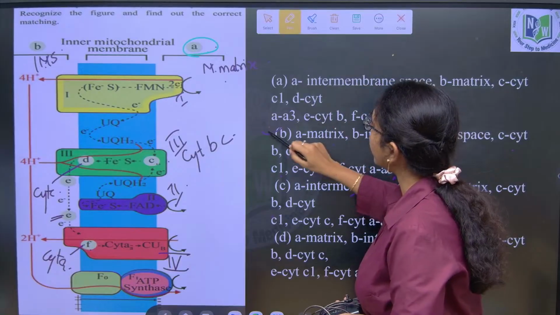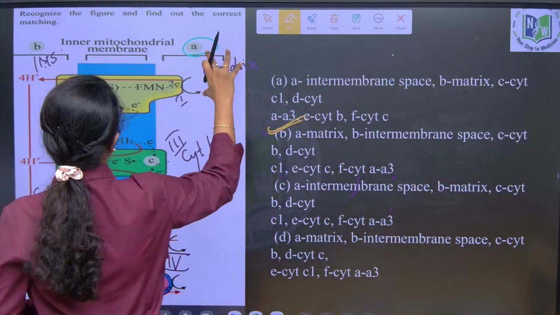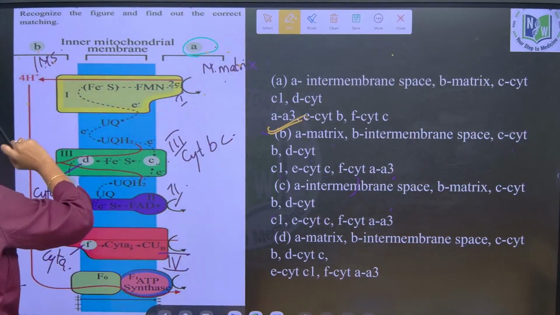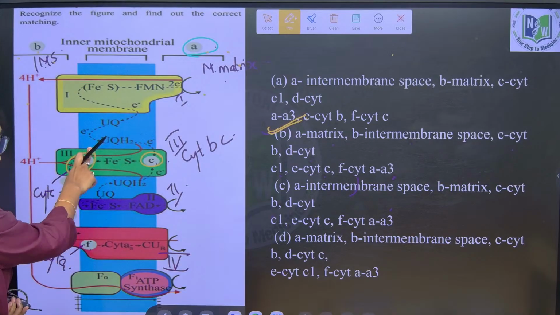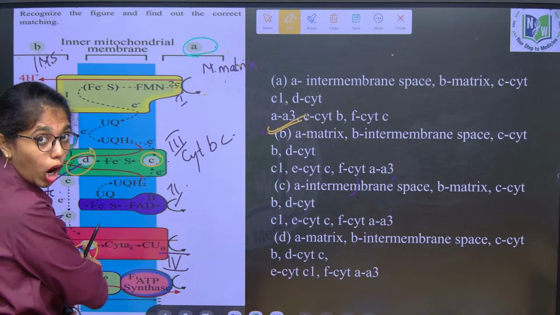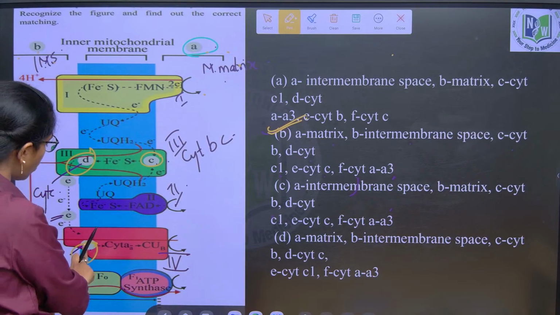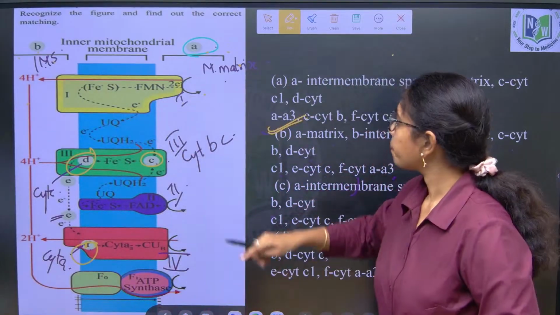We just have to label them. Proton pumping is from the mitochondrial matrix to the intermembrane space, then complex 3, the mobile electron carrier cytochrome C, and last the cytochrome oxidase complex, complex 4, where you have cytochrome A and A3. That's it, simple.